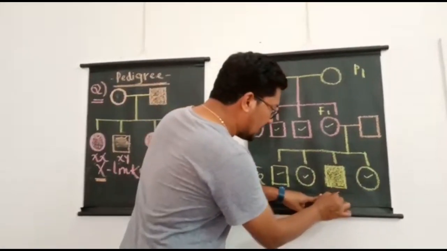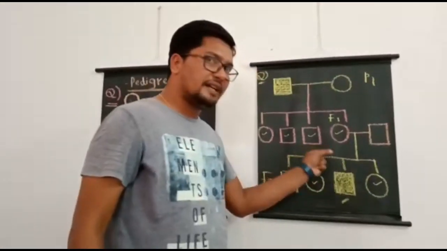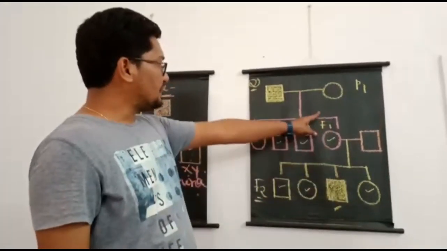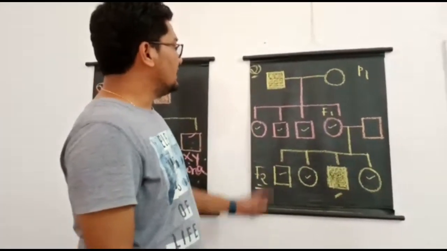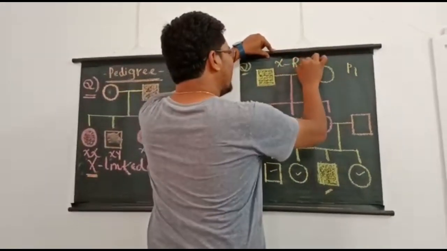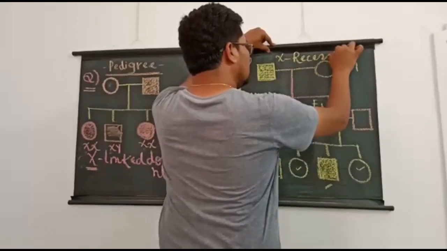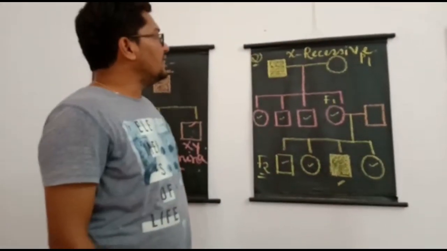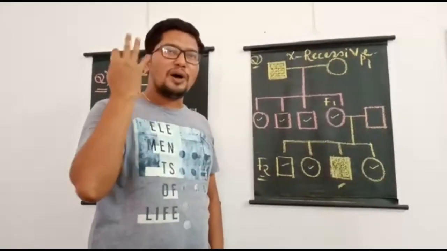And why is this male affected? What is the reason? If you look into this, it is very clear. This pedigree chart indicates the inheritance of which type of trait? It indicates the inheritance of X-linked recessive trait. Why am I telling this so confidently?